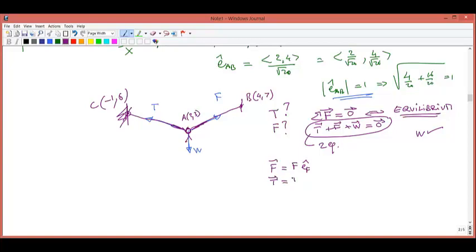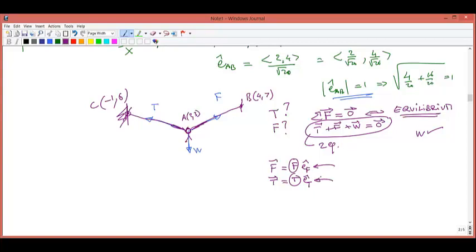We can do this because we know the direction of each. If we know the direction of those forces, we can use unit vector notation and reduce the unknowns. Now the only unknowns are F and T. So all we have to do is figure out the unit vector of each.